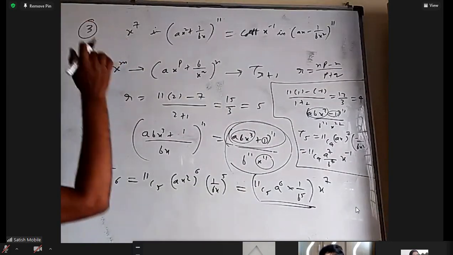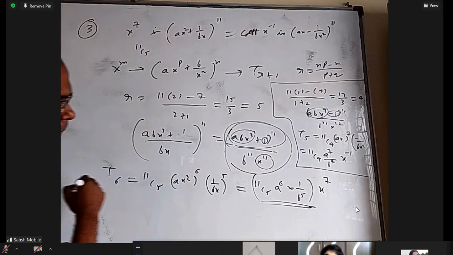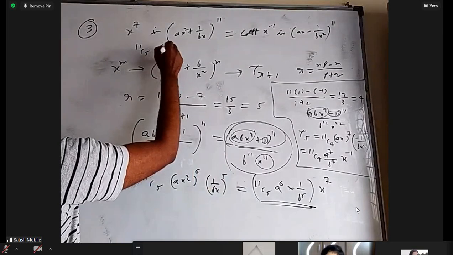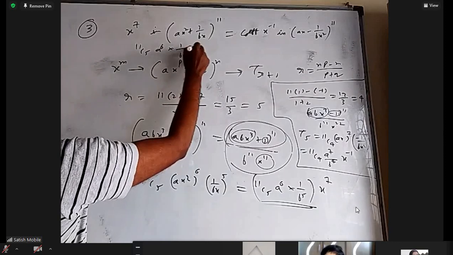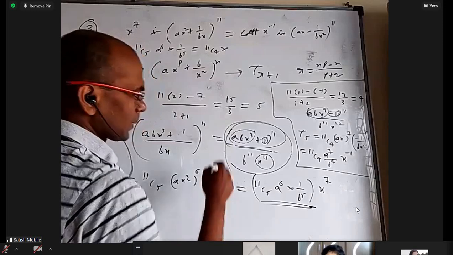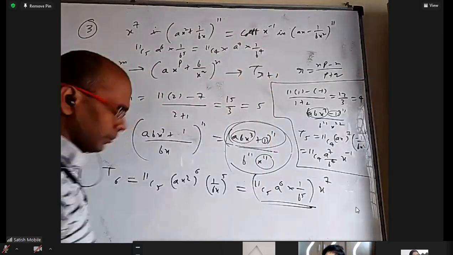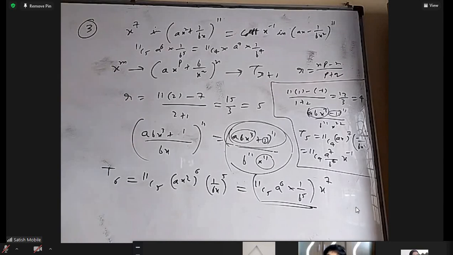So now we have to equate these two. In this, what is the coefficient I got? 11C5 a power 6 into 1 by b power 5. Here what did I get? 11C4 into a power 7 into 1 by b power 4. Let us try to simplify here further.